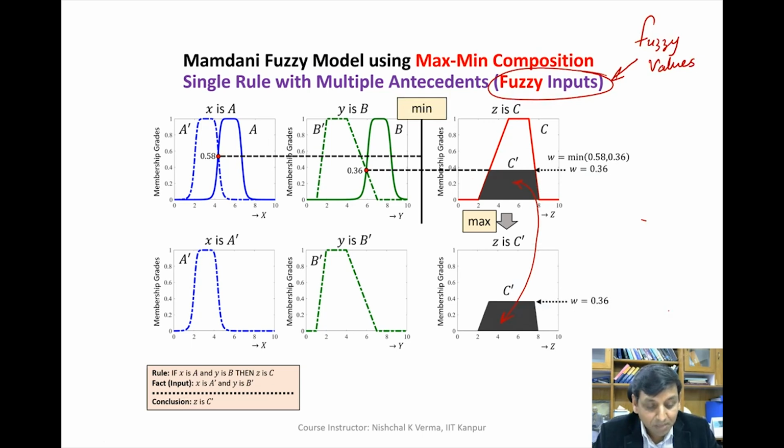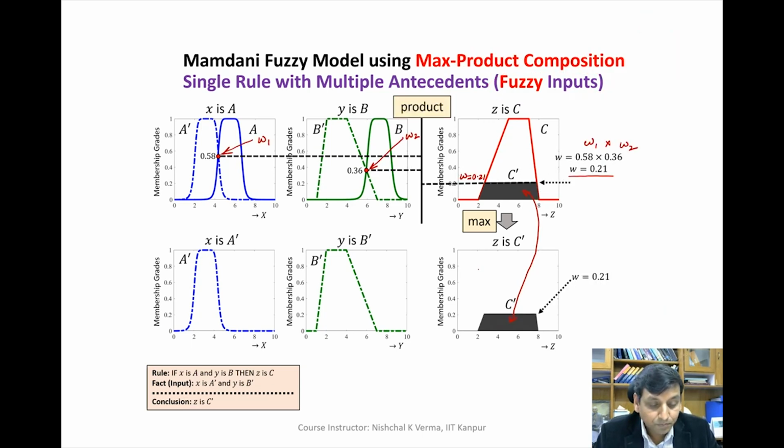So max product is giving us again the fuzzy output, and this we can defuzzify to get the crisp output. This fuzzy output is in the form of the fuzzy set.